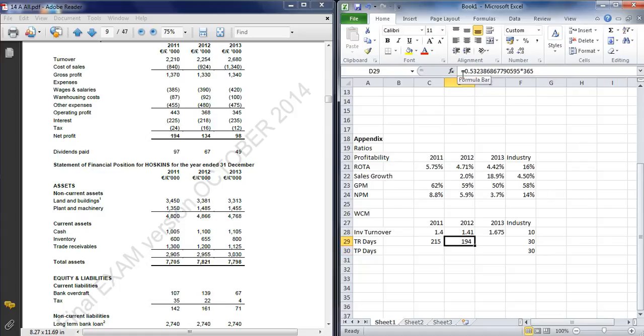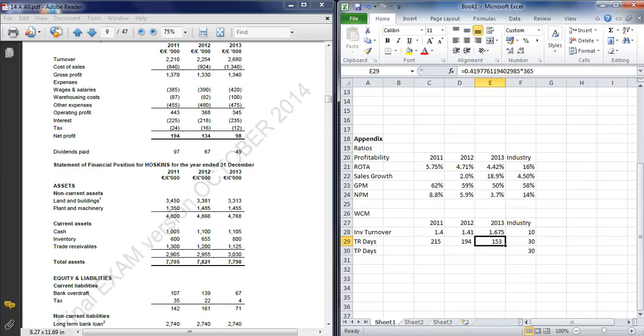It is 194 days, and then in 2013 it is 1125 divided by the revenue times 365. So we can see here, even although it's improving in that we're reducing the number of days, which is positive, it is still 5 times larger than the industry average.